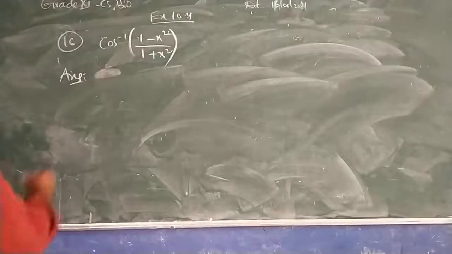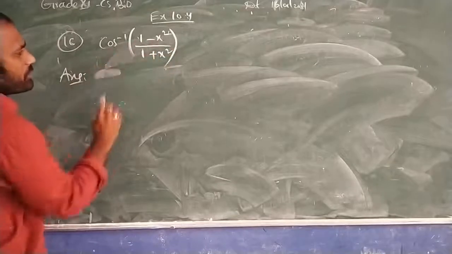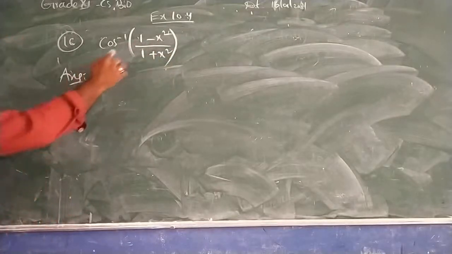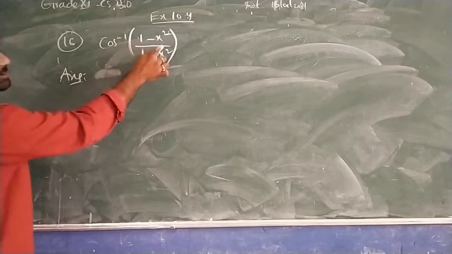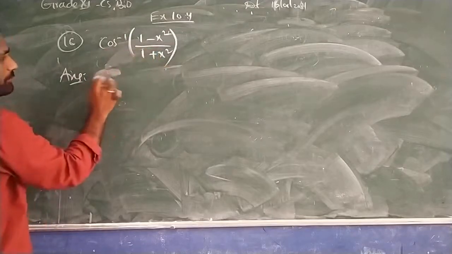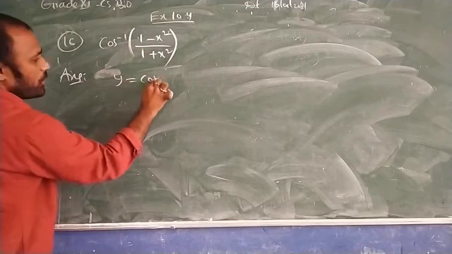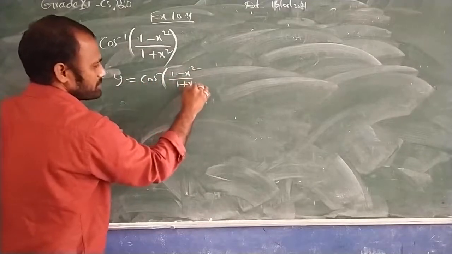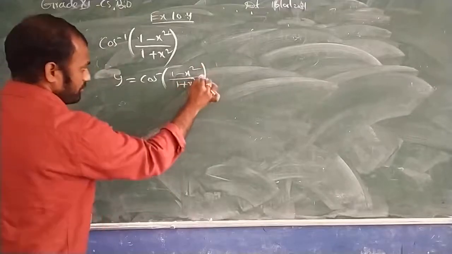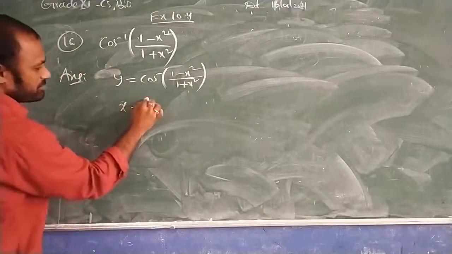Let us see the 16th question: y is equal to cos inverse of 1 minus x square by 1 plus x square. Now, we need to make the function in such a way that it is in terms of cos. So in place of x, we substitute tan theta.